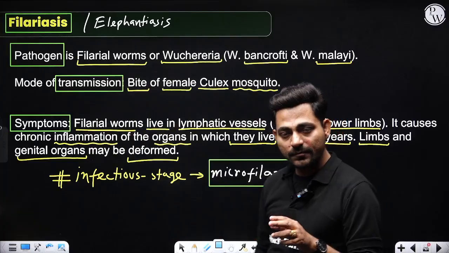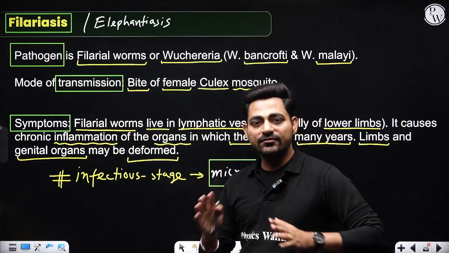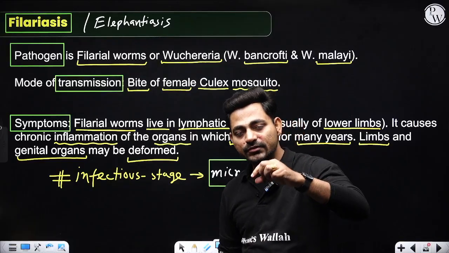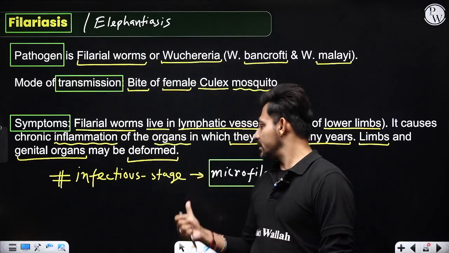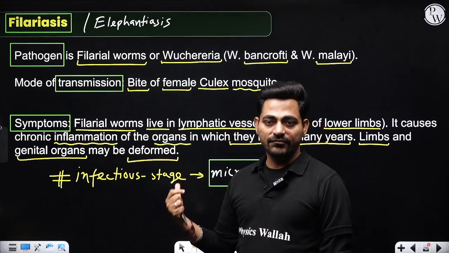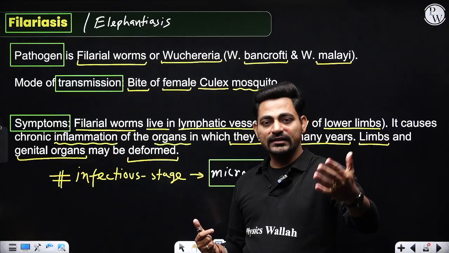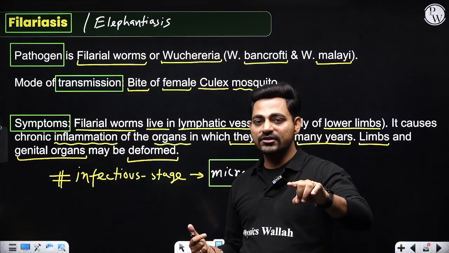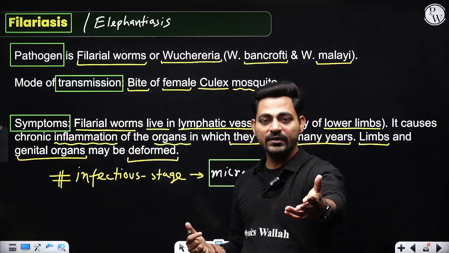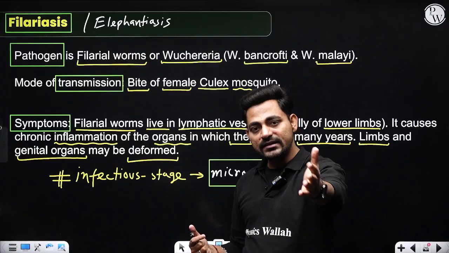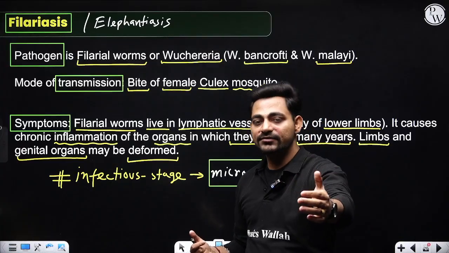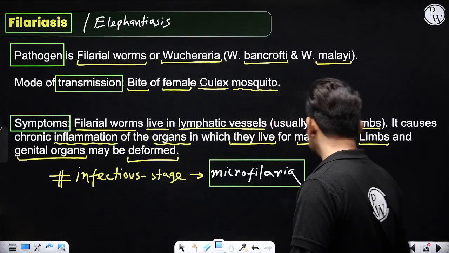If I am suffering from filariasis and a mosquito bites me and sucks my blood, it will get microfilariae, or juvenile filarial worms, and that mosquito will get infected. And if the same Culex mosquito bites another healthy human, then during the bite that person may get infected by this microfilaria stage.